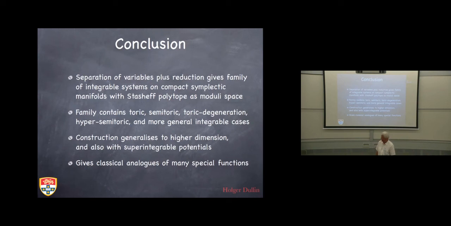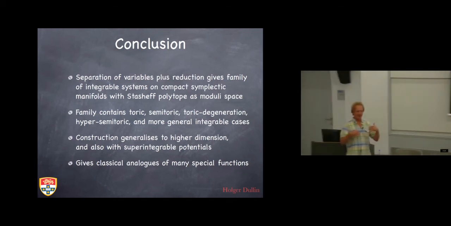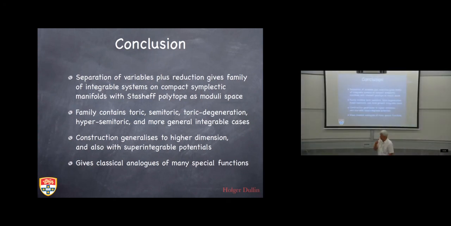I could have chosen any other point in the Stashev polytope, and that would have given me action variables for the upstairs system. So from my point of view, by doing the quotient, I end up with a smaller system. And I guess the Hamiltonian disappeared. But for that system, those action variables, up to permutation of which two you choose, are essentially unique.